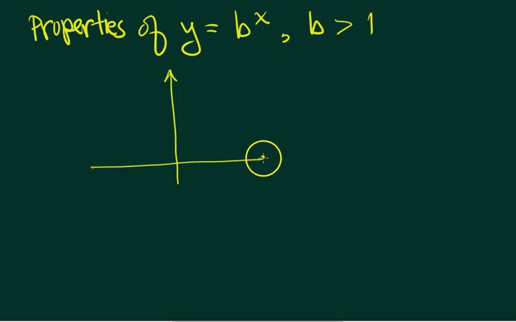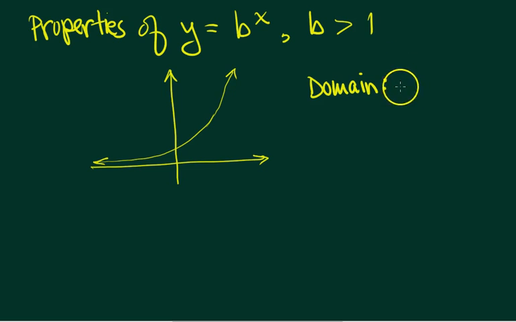Let's look at some characteristic properties of this function. So, as we have noted, it's asymptotic to 0 where x is negative and grows indefinitely large where x is positive. So, in short, the domain: it never ends on the left and never ends on the right, so the domain is x is any real number.